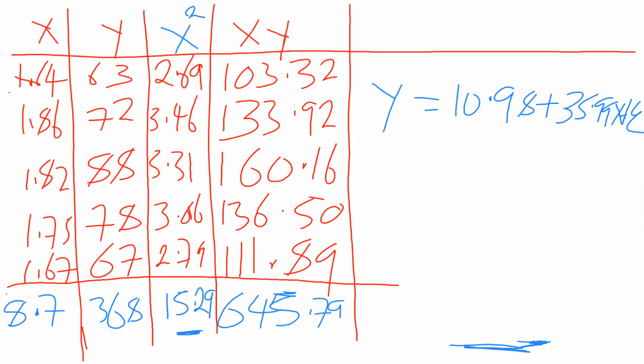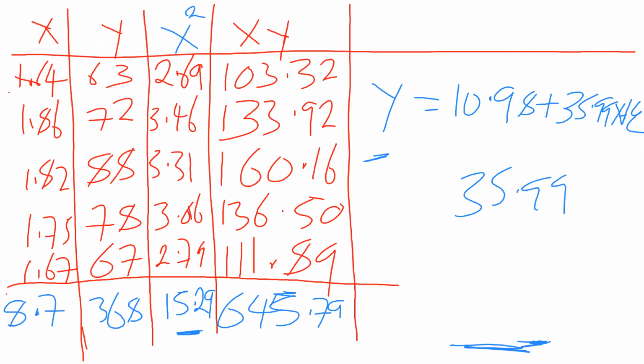Then when there's a 1 unit change in x, which is the height, the weight, which is our y, changes by 35.99 units.